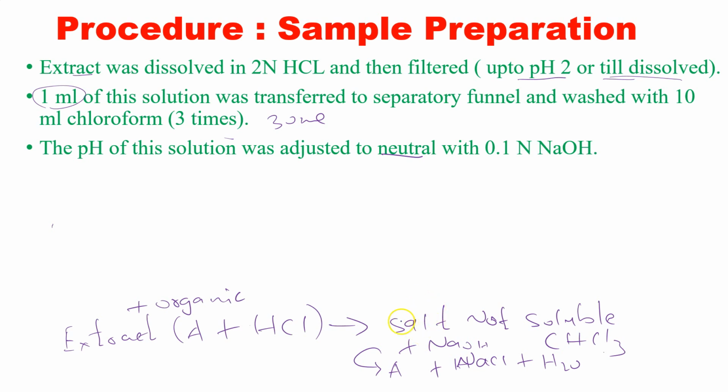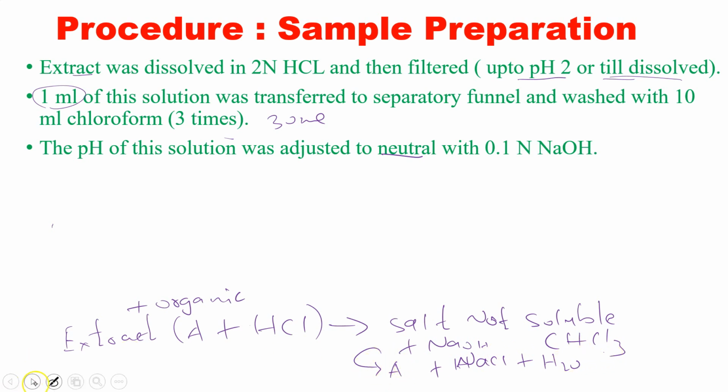Whatever salt was formed with an acid, that alkaloid will again separate, because NaOH is a strong base which will react with the HCl, and this HCl will form NaCl plus water, and the alkaloid will be separated again.